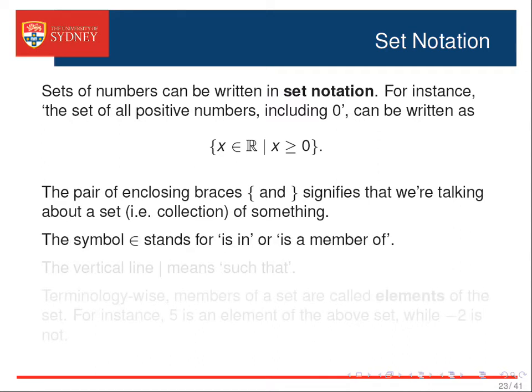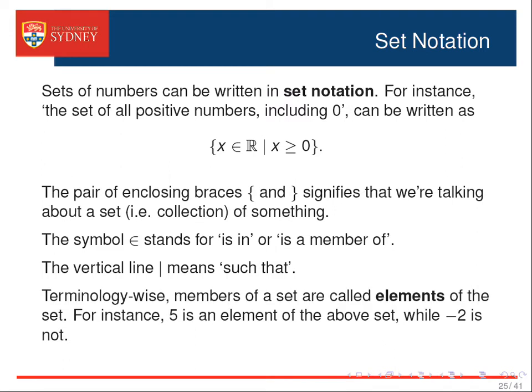The symbol between the x and the R stands for is in or is a member of. The vertical line in the middle of the expression means such that. Terminology-wise, members of a set of objects are called elements of the set. For instance, 5 is an element of the above set, while -2 is not.